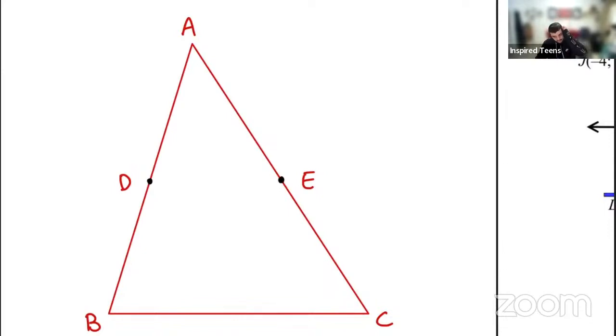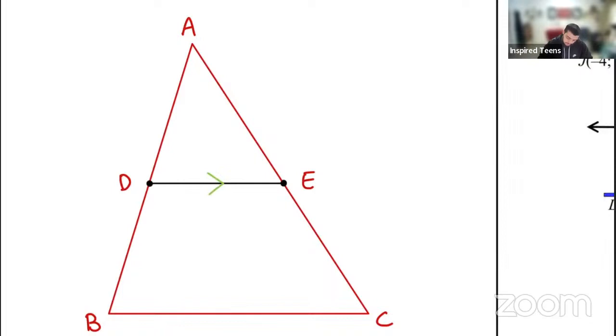So we find the midpoint of the adjacent sides, AB and AC, and we connect the midpoints. We find the midpoint of AB and the midpoint of AC and we connect them. When we connect the midpoints of two adjacent sides of a triangle, this is what the midpoint theorem is.